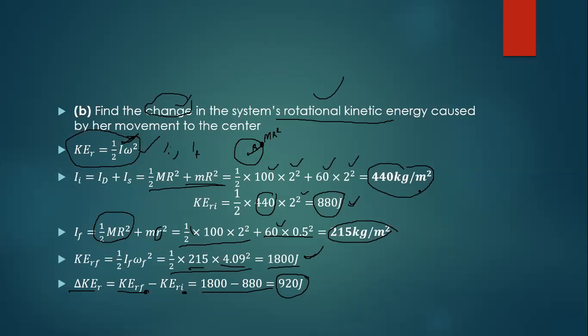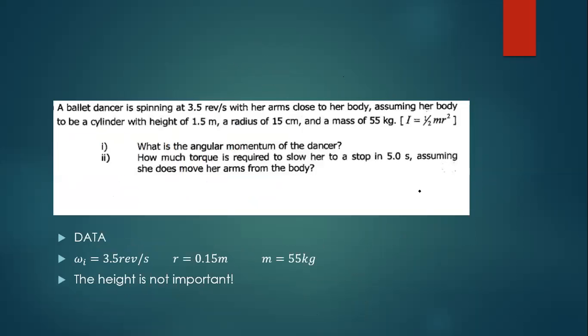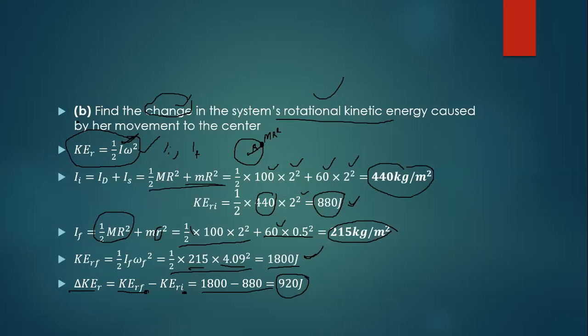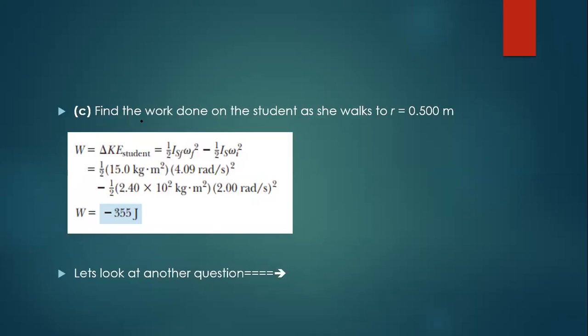Okay, so there's this other question that we need to look at. It was a test question, but before that, there's part C to the question that we're looking at. Part C says, find the work done on the student as she walks to a radius of 0.5.